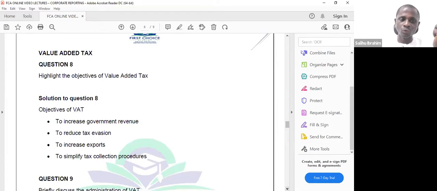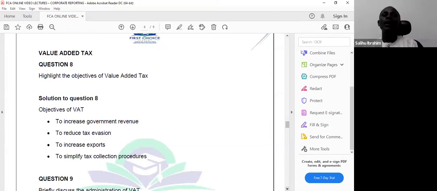So the last one, to simplify tax collection procedures. The value-added tax procedure is very simple to operate, and it reduces the administrative cost of taxation. Who is collecting it? It's not a government official. It's the company that will collect it and remit.